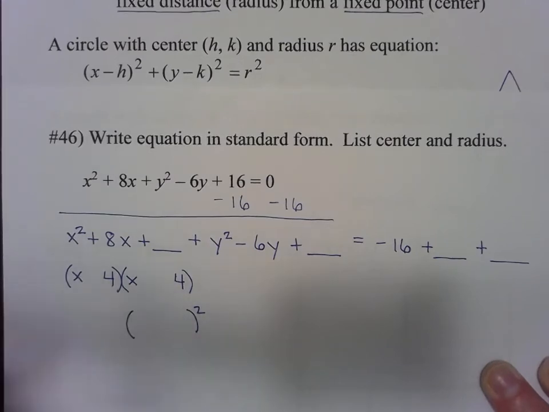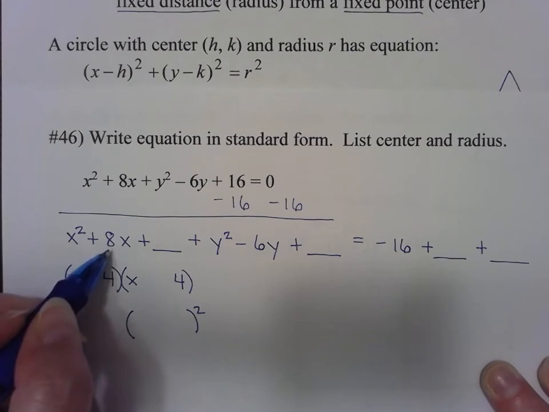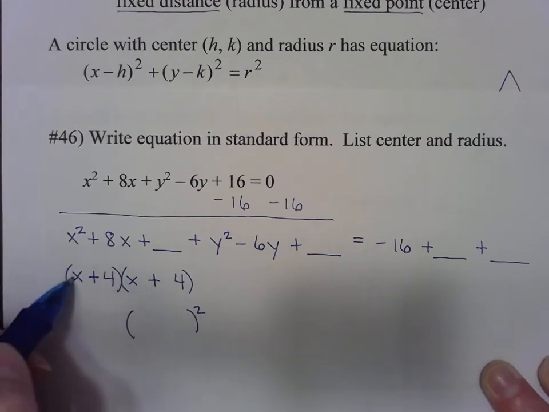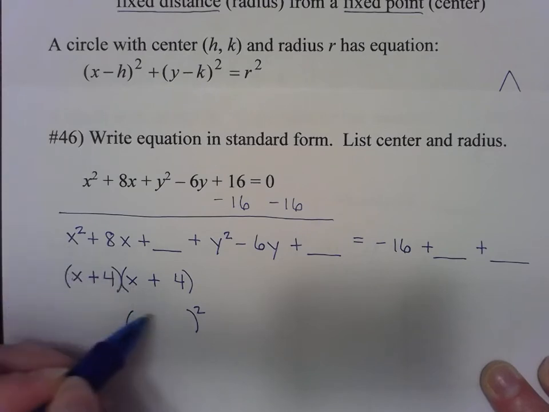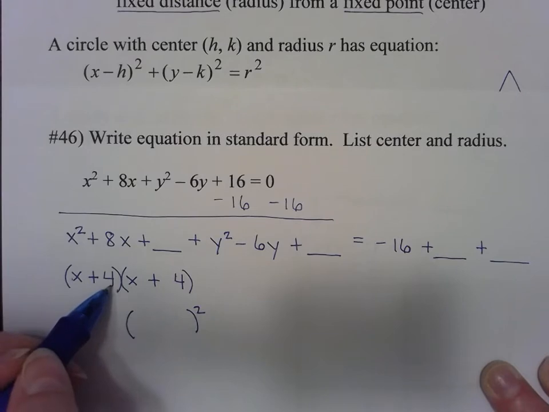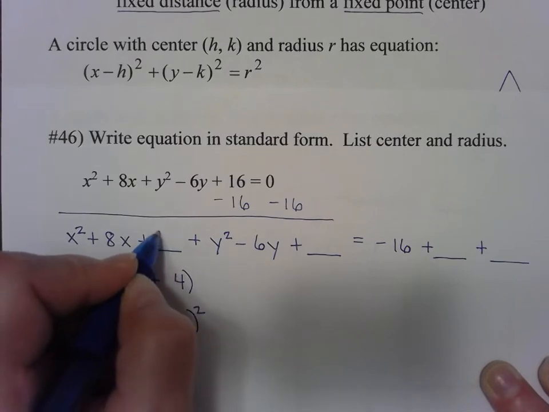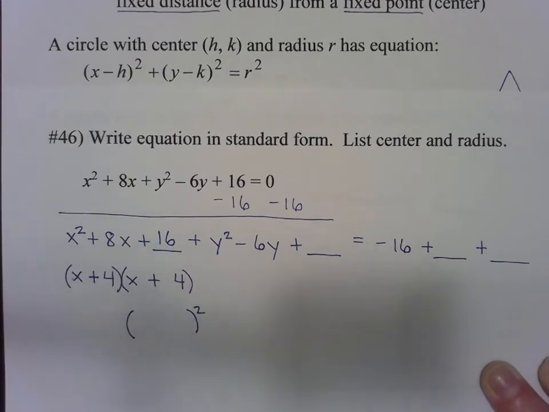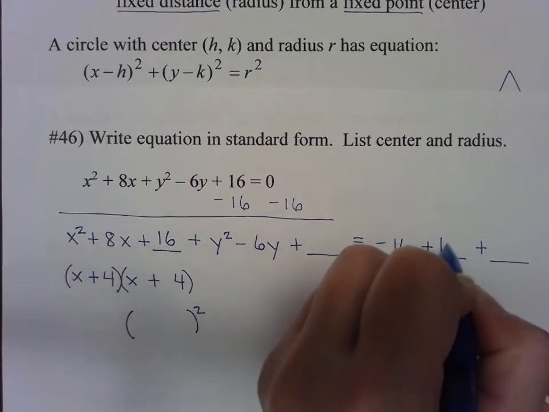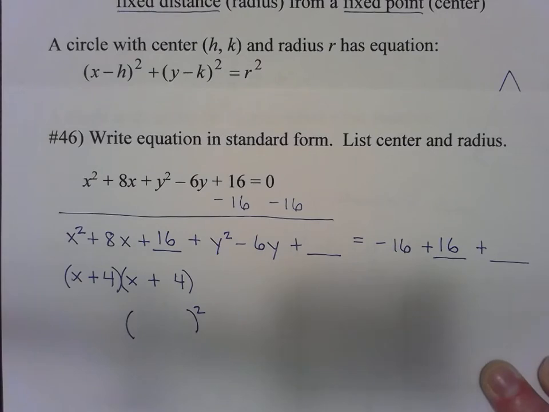It must be 4 plus 4 to make 8. Then you can think about just foiling this out, right? X squared, 4x plus 4x gave me 8x, and then 4 times 4 means I must be adding 16 here. And if I add 16 on this side, I also have to add 16 on this side. That's the basic idea of completing the square.